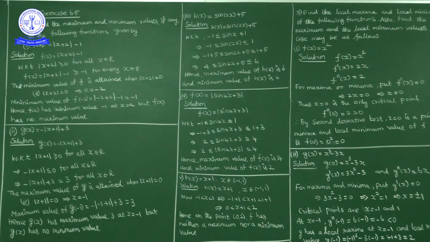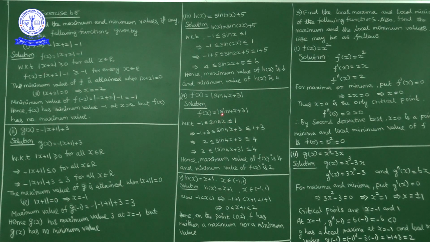Okay, next question, the fourth one: f of x equal to modulus of sin 4x plus 3. Now, we just discussed that sin x lies between minus 1 and plus 1, so sin 4x also lies between minus 1 and plus 1. So minus 1 is less than or equal to sin 4x, which is less than or equal to 1.